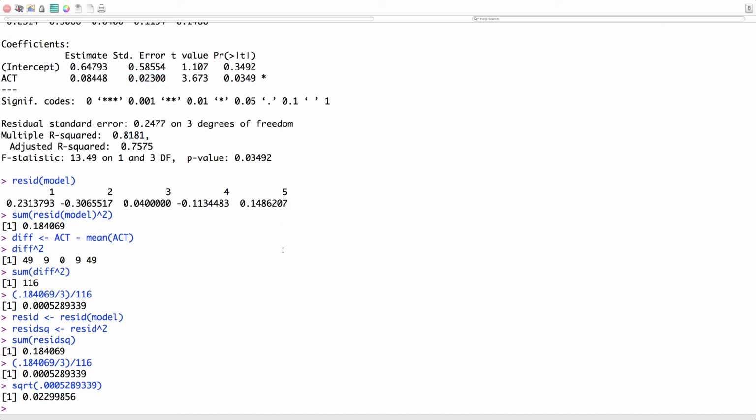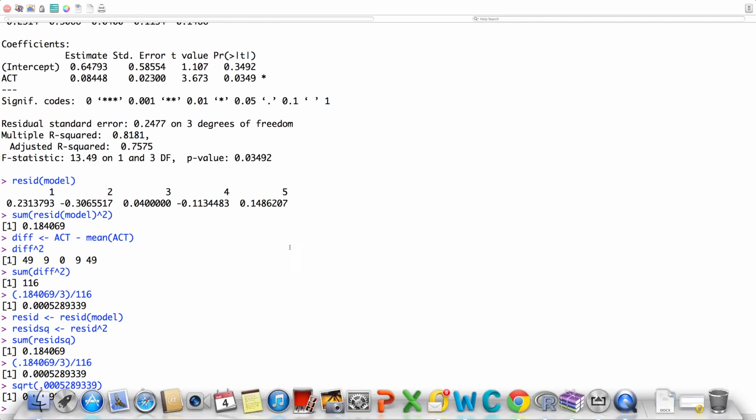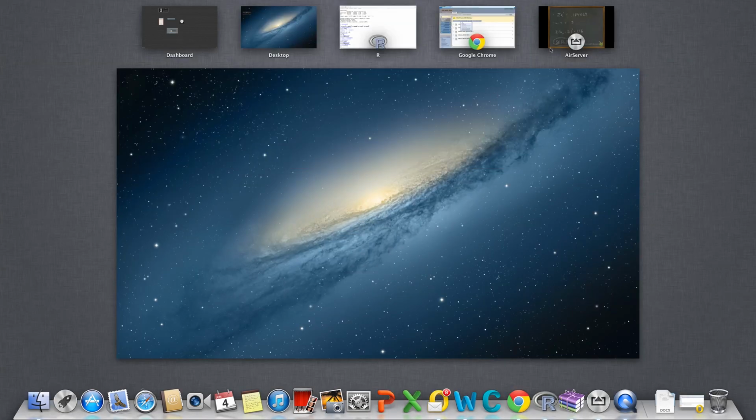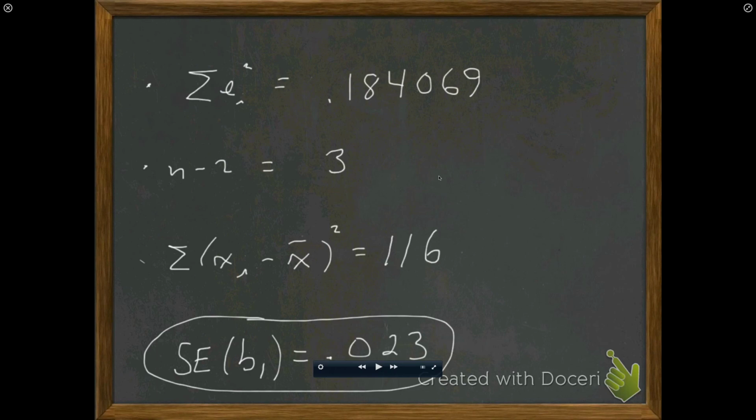I'm going to use 0.023 as the standard error for B1. All right guys, let's go back to the blackboard.